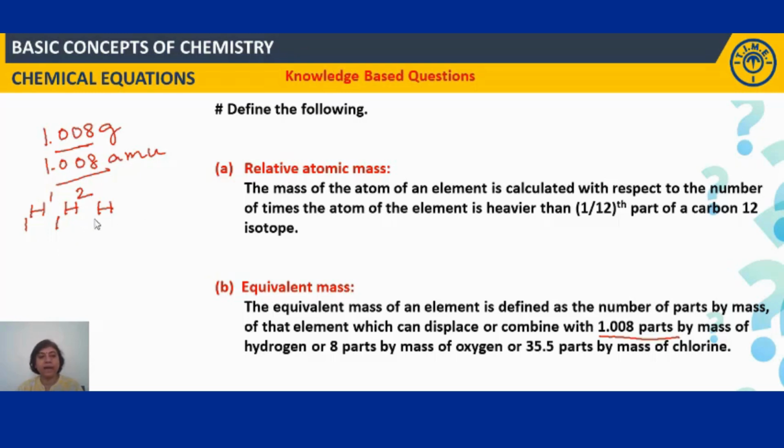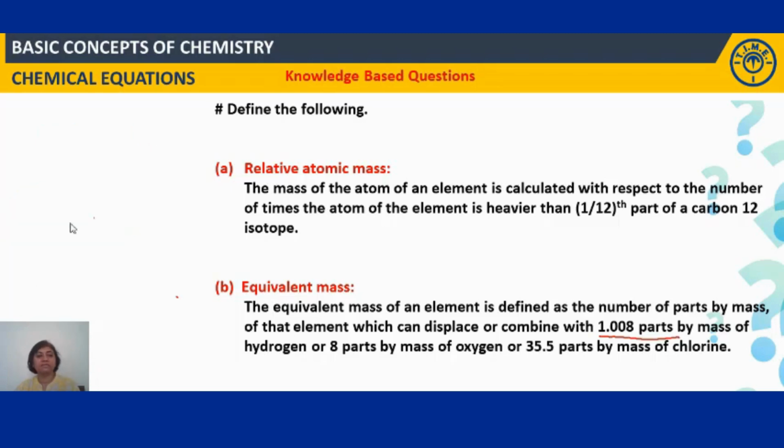For tritium, the atomic number is 1 whereas the mass number is 3 because of one proton and two neutrons. The average atomic mass from the natural sample of hydrogen is 1.008 AMU, or u, unified mass. If it is gram atomic mass, then we write 1.008 grams.